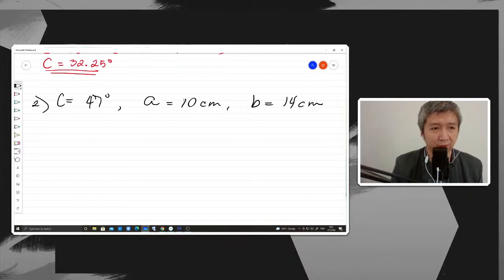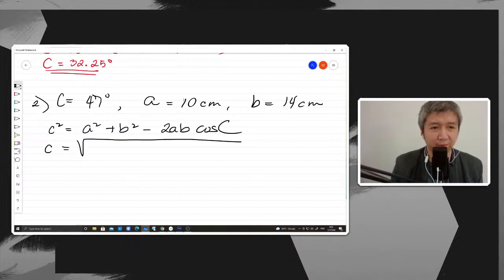So we have C squared equals A squared plus B squared minus 2AB cosine C. Okay, let us use the direct formula in the calculator.